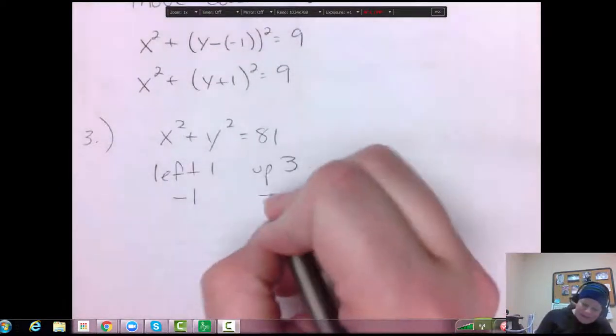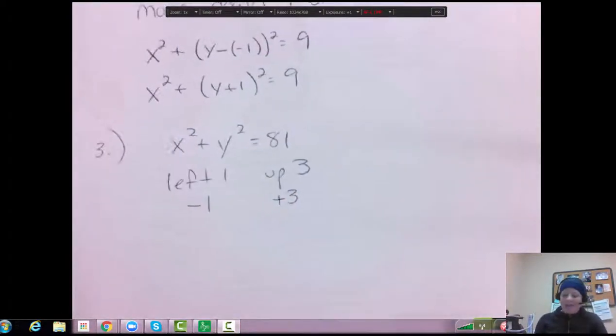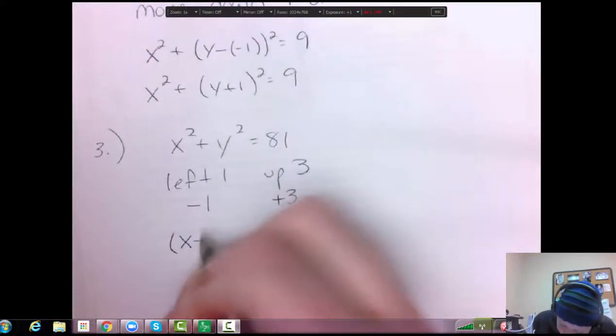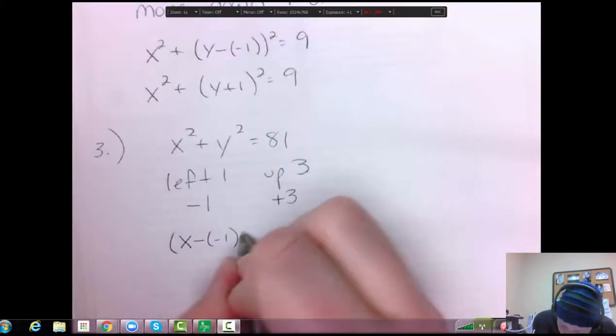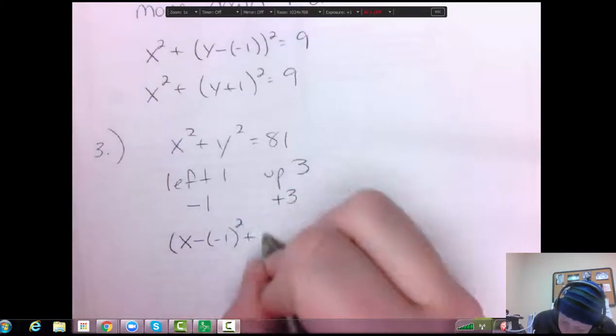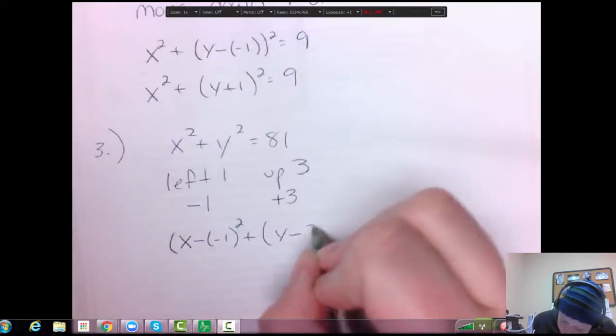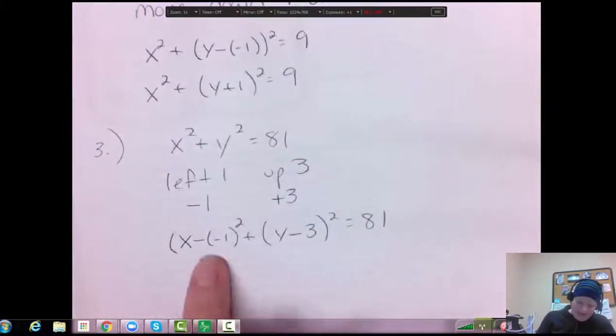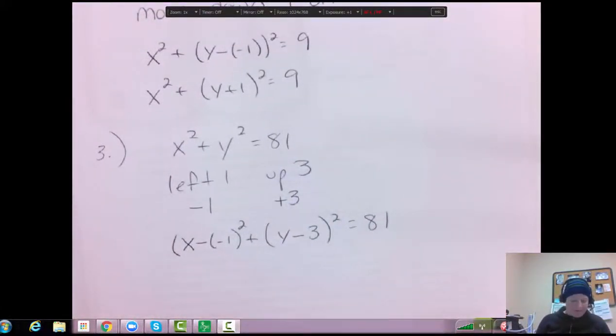And then up 3 is a positive. And so let's set those up. We know it's going to be x minus the -1, squared, plus y minus the 3, squared, equals 81. So you simplify that to x plus 1, and that's your formula. So don't make those harder than they are when they ask you for the transformation a little bit.